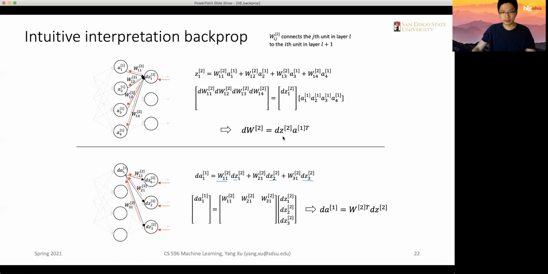If we look at the coefficients carefully, it'll be exactly W2 transposed times dZ2. So those transpose operations are reasonable. They are the correct way to collect information about how the output is affected by the input.